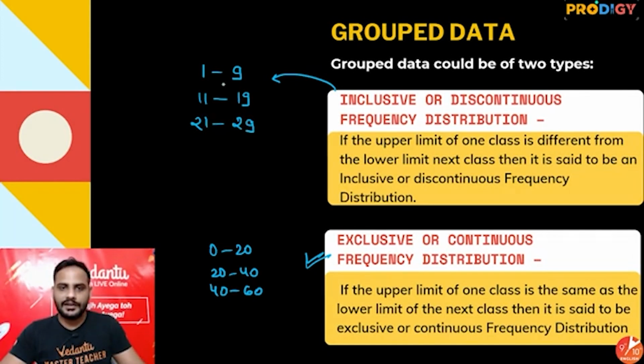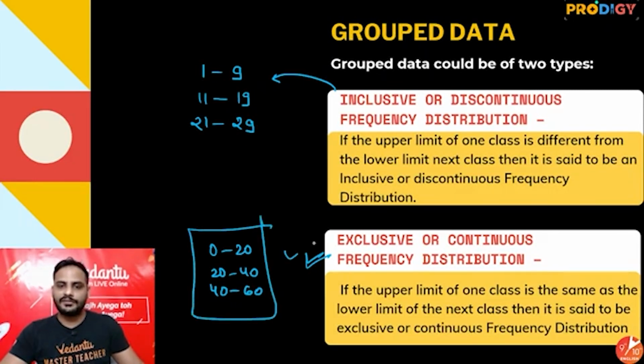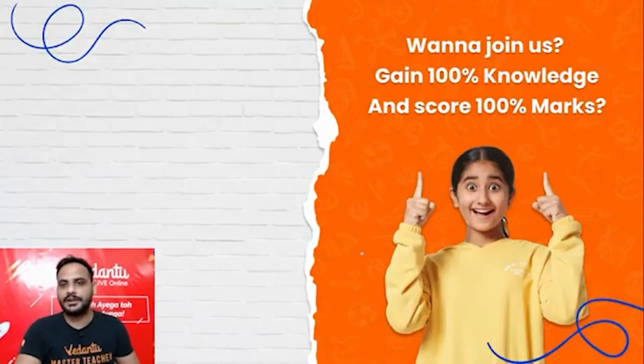You can clearly see, guys, there is a gap. Upper class limit of the first group is not equal to the lower class limit of the second group, and upper class limit of the second group is not equal to the lower class limit of the third group. So that is called discontinuous and this is continuous. Continuous is the more important type of data for us.